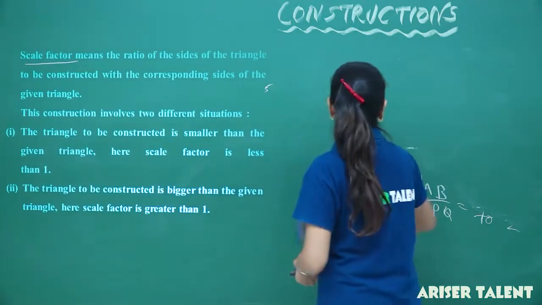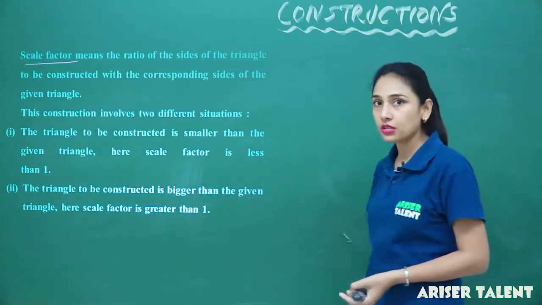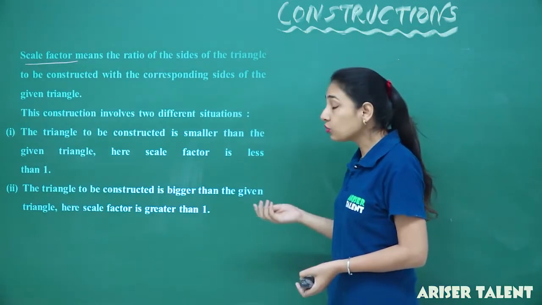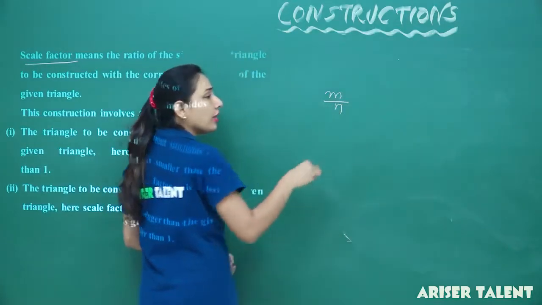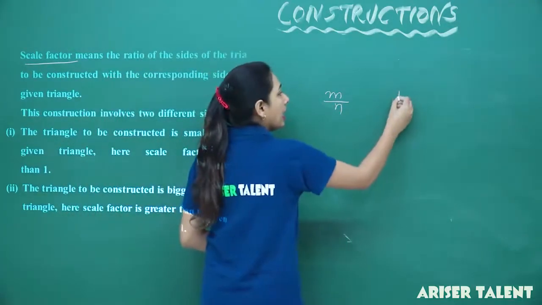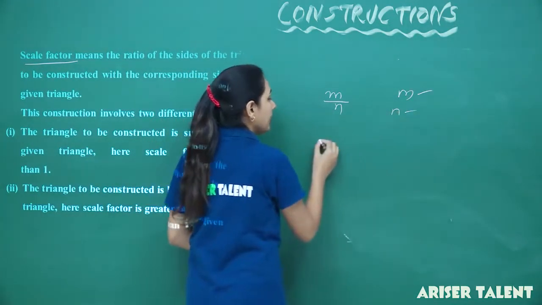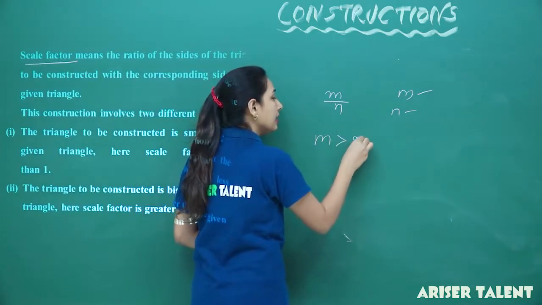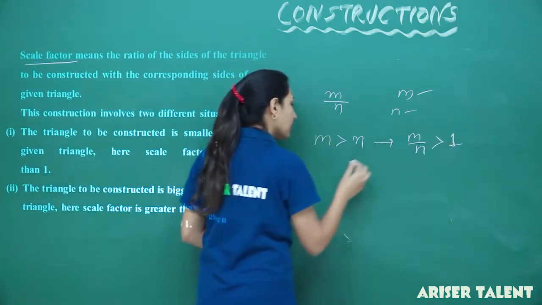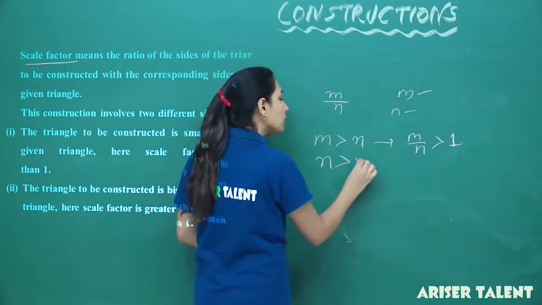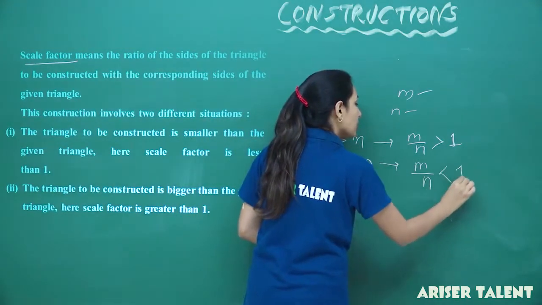Okay students, so now this construction involves two different situations. Which are the two different situations? If you are having the ratio m to n, one situation is that m is greater, the other is that n is greater. If m is greater than n, then the m by n value is greater than 1, and if n is greater than m, then the m by n ratio is smaller than 1.